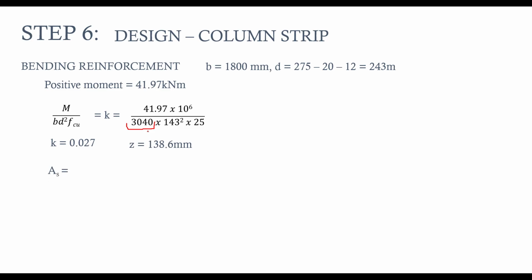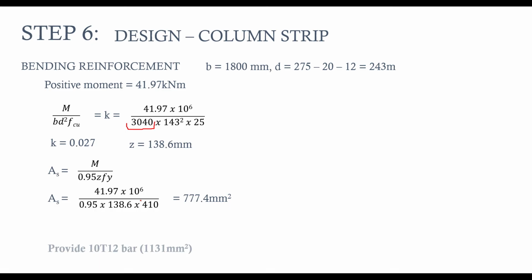And then you can calculate your area of reinforcement, just like the way we did, by substituting Z and Fy. At the end of the day, for the positive moment along the column strip, it requires an area of 77.4 millimeter square. So we are going to be providing the same thing, 10 number of bars with a size of 12 mm.